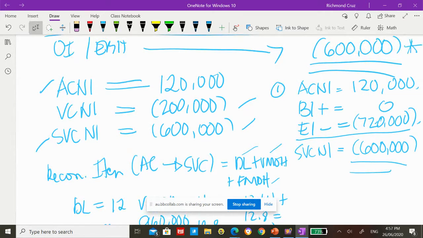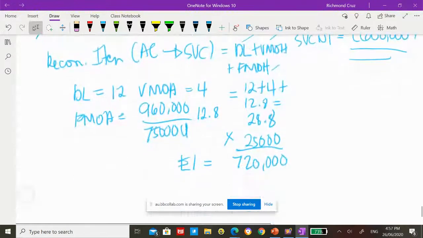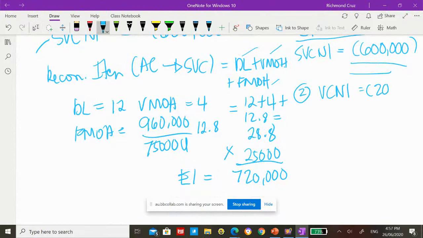How about the reconciliation from the regular variable costing, which is 200,000? This is negative 200,000. So we also have beginning inventory and ending inventory to super variable costing net income. Remember, the variable costing inventory, whether beginning or ending, is overstated, just like absorption costing.